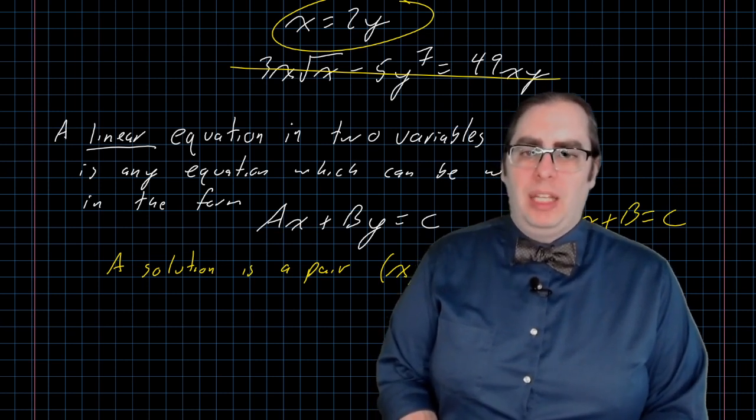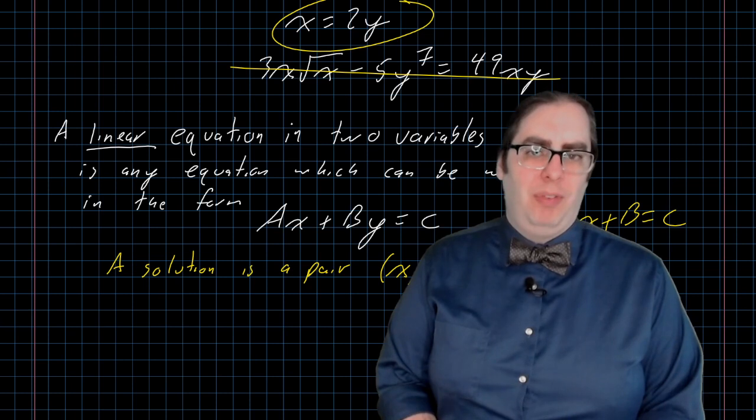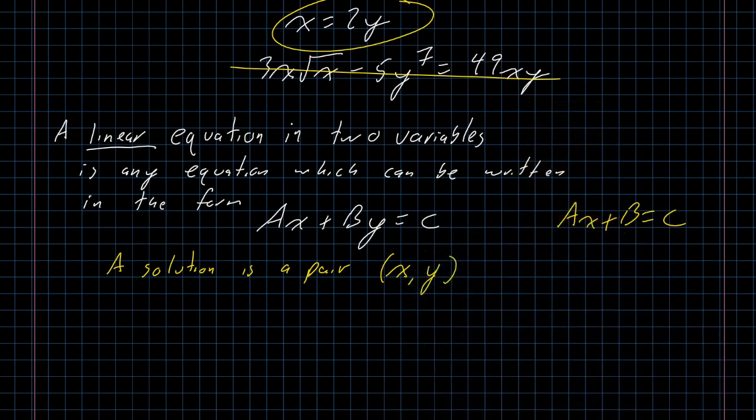Let's stop talking in generalities and put some specific examples out here. So, for example, the equation 5x plus 4y is equal to 40.